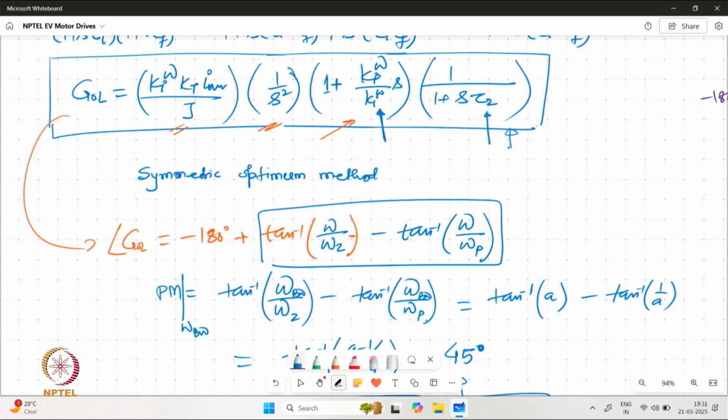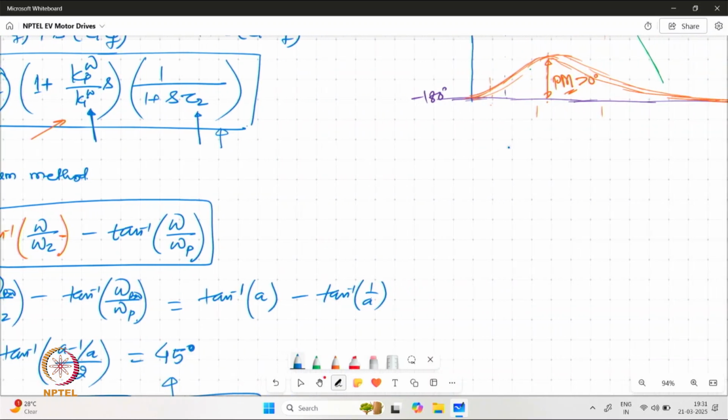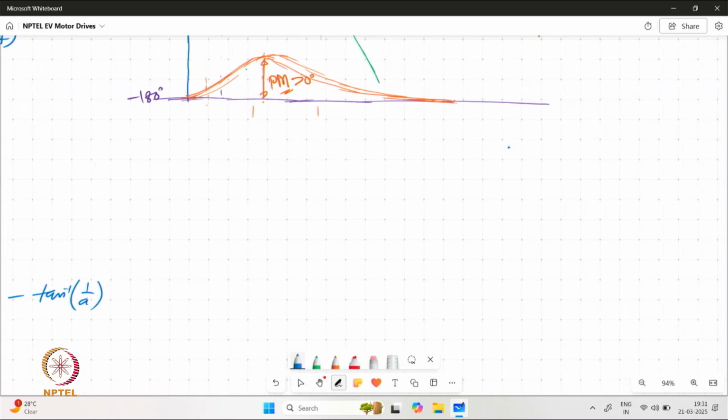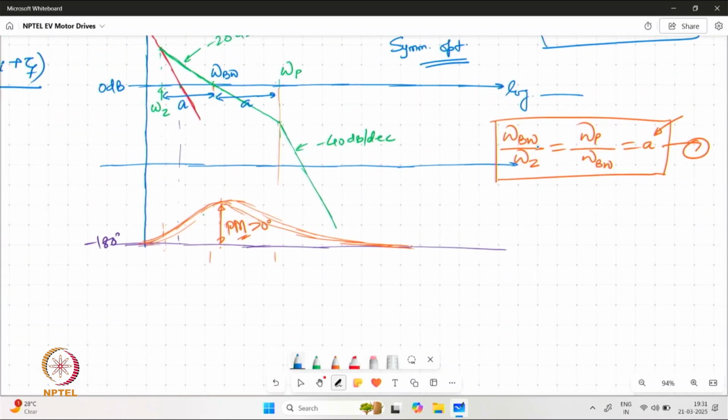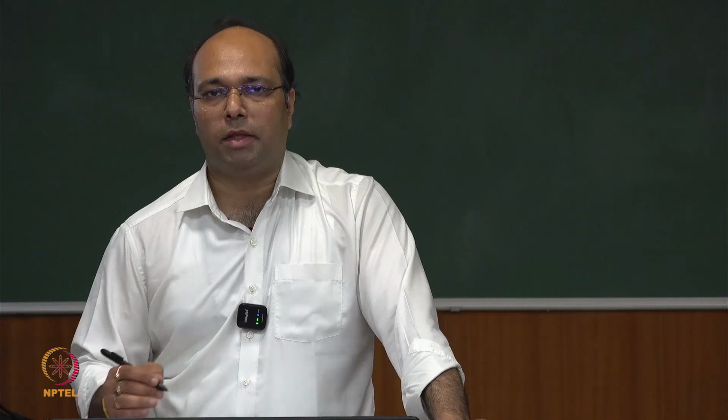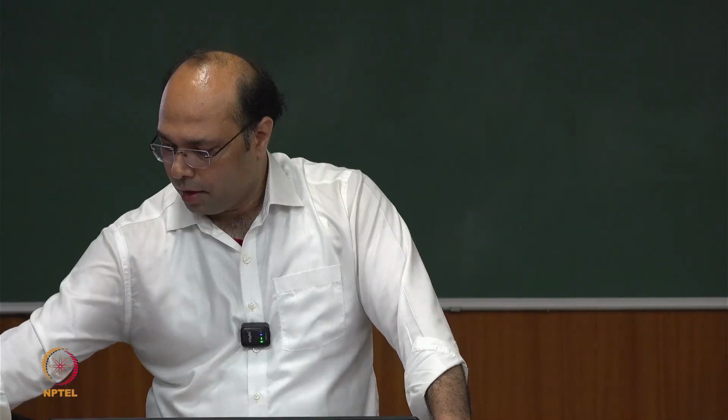Once we have the value of A, we can understand where our frequencies are going to be located with respect to what is known. For example, the pole frequency is known, so we can say where our bandwidth is going to be located, and where we are going to keep our zero frequency. So these parameters can be computed.